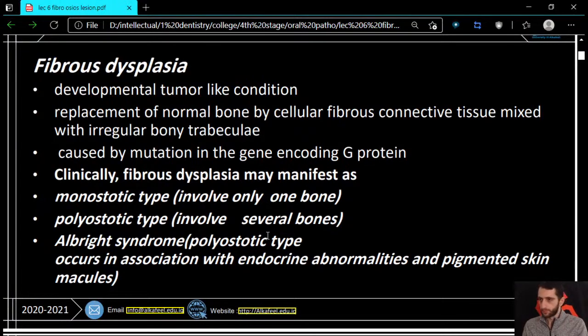Its replacement is regular. This replacement by fibrous connective tissue makes the regular formula.